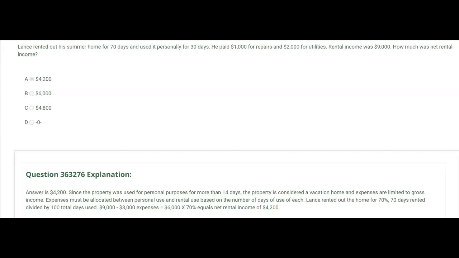Expenses must be allocated between personal use and rental use based on the number of days of use of each. Now, it looks like Lance rented the home out for 70% of the time. 70 days rented divided by 100 total days used. Therefore, the $9,000 in rental income minus the $3,000 of expenses equals $6,000, then multiply by the 70% rental use, and the net rental income is $4,200, which is letter A.